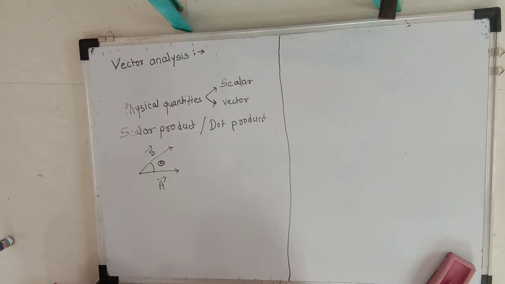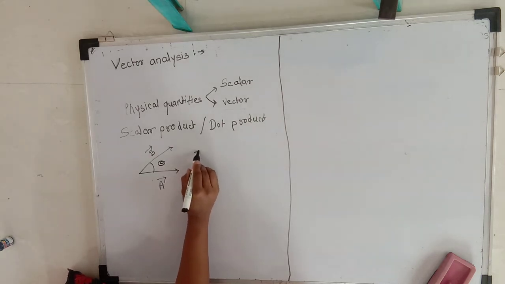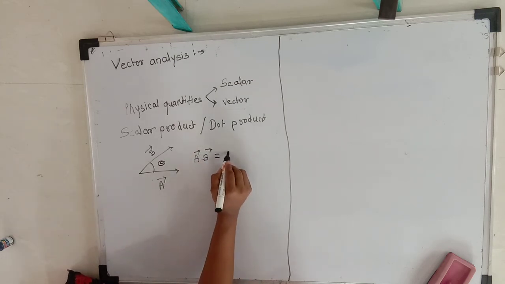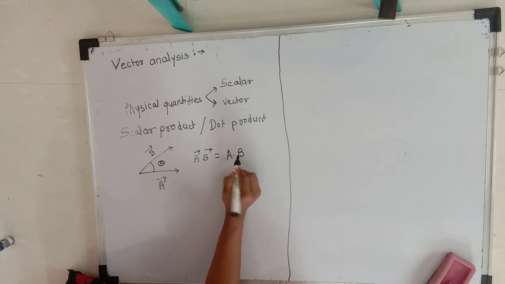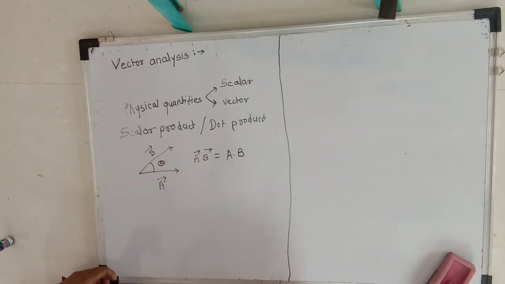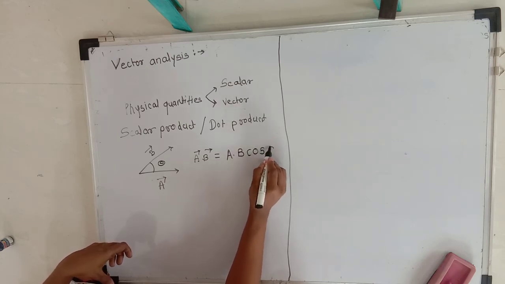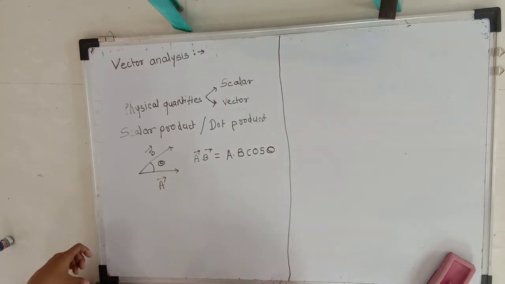The scalar product or the dot product is defined as A bar dot B bar, equal to the product of the magnitudes of the two vectors into the cosine of the angle between them.